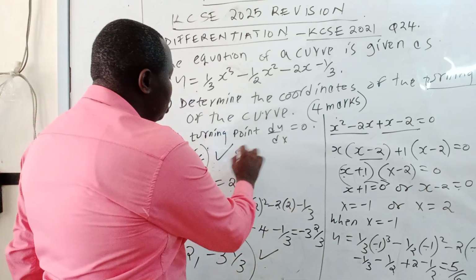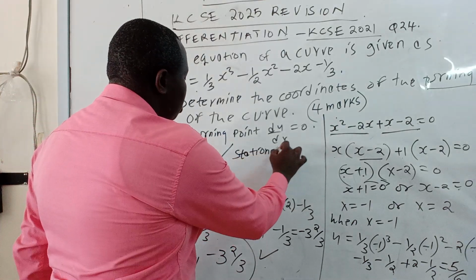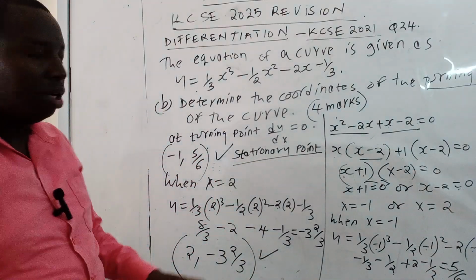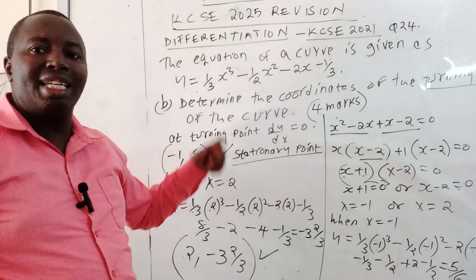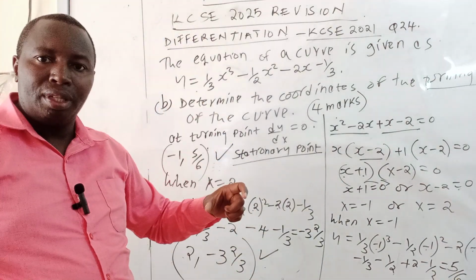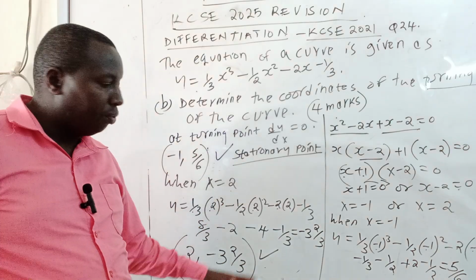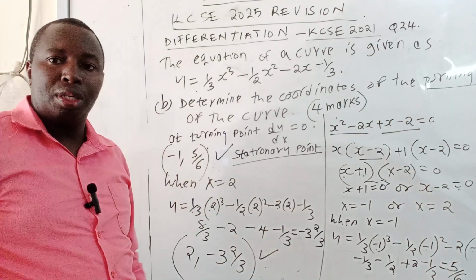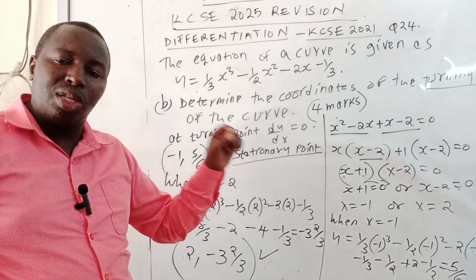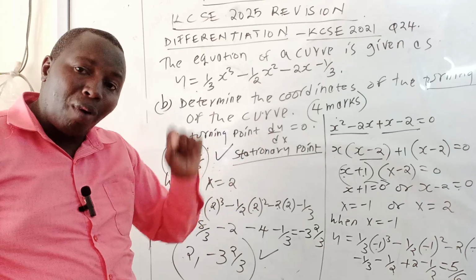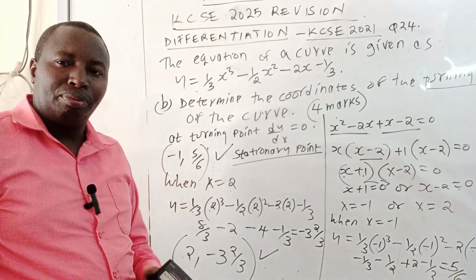If you see the word stationary point or the turning point, it means the gradient function at that point is equal to 0. So that is how you solve the quadratic, then you substitute. And that is KCSE 2021, question number 24 on paper 1, mathematics.